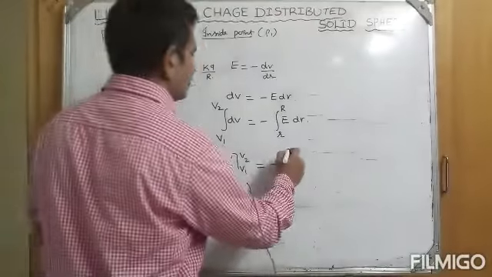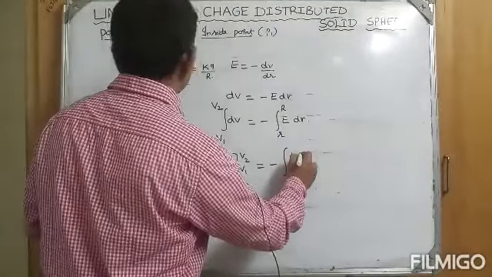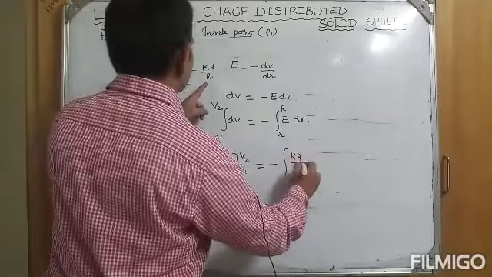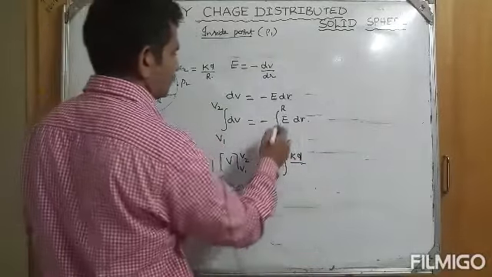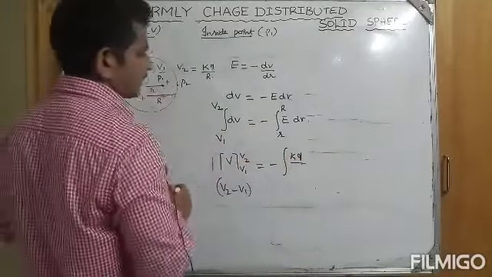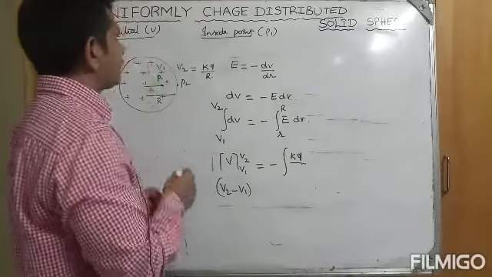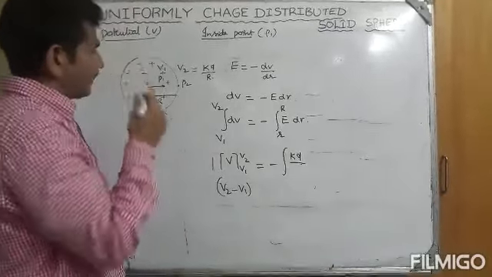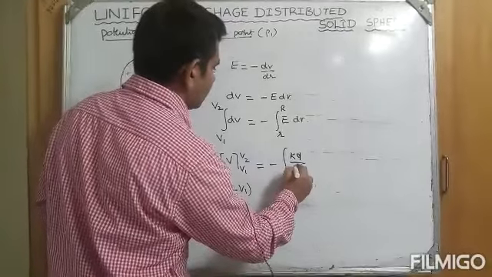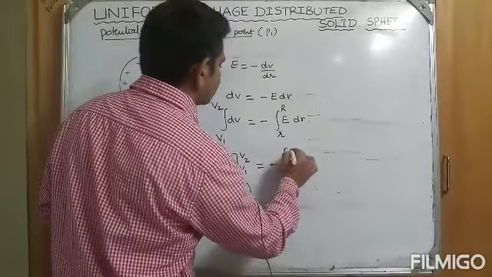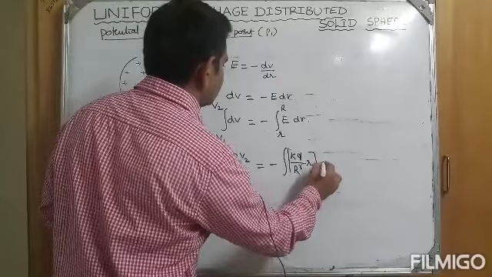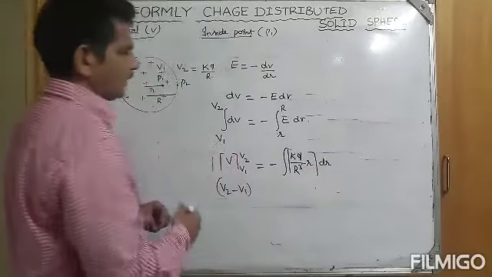Minus integration, what is that? The general electric field intensity inside the point. Electric field intensity inside the point will be KQ by R cube into small r into dr. Understand?